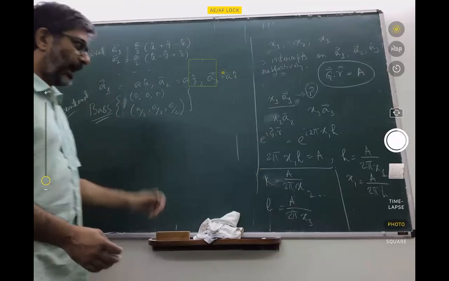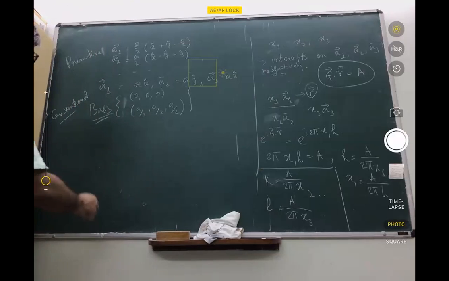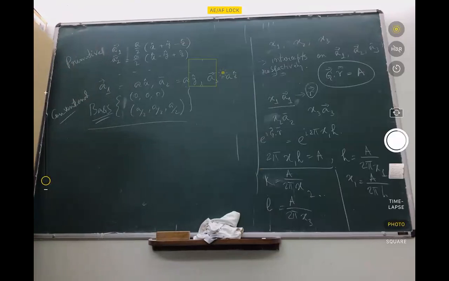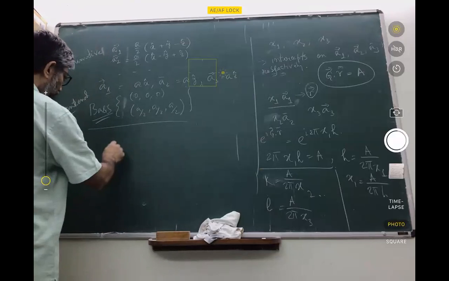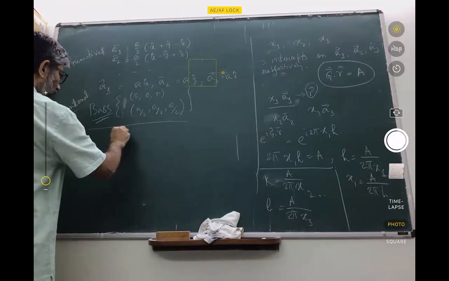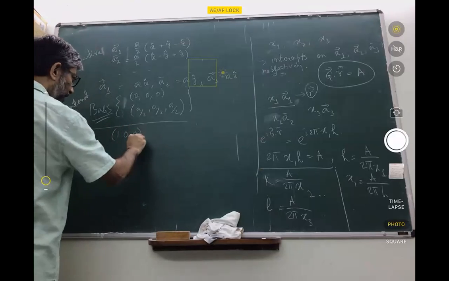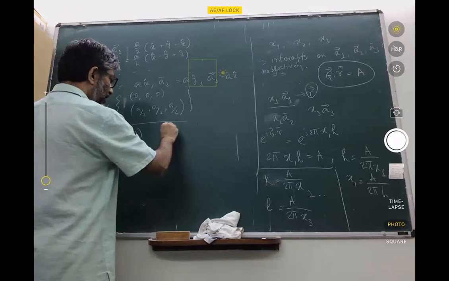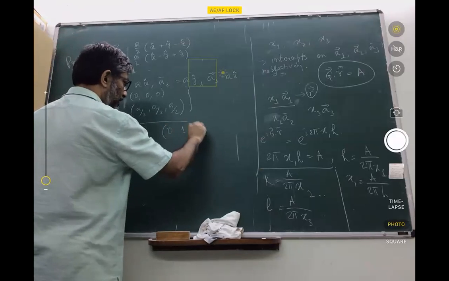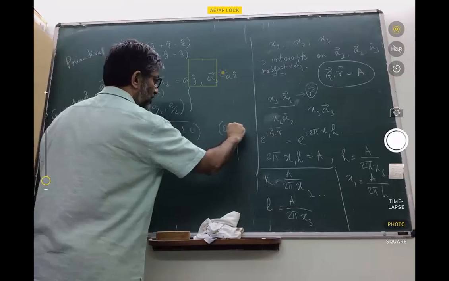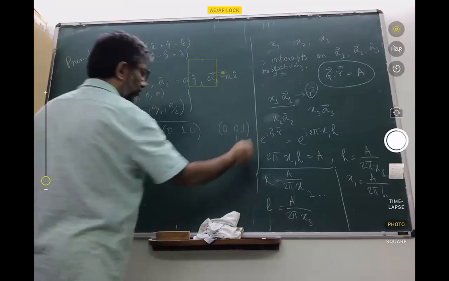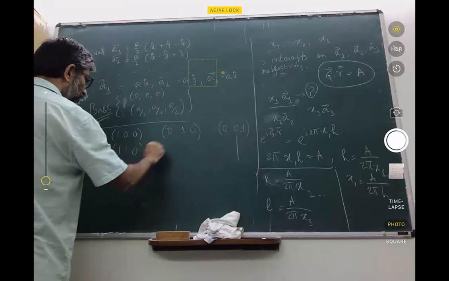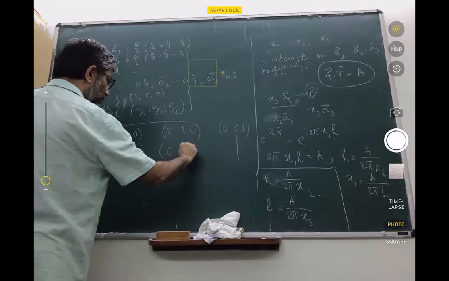And when you think of a cubic system, as you can easily see, because it's a cube, the x, y, and z directions are all equivalent. So therefore, a 1, 0, 0 plane is the same as a 0, 1, 0 plane, and that is the same as a 0, 0, 1 plane. Similarly, a 1, 1, 0 plane is the same as 0, 1, 1 and 1, 0, 1.